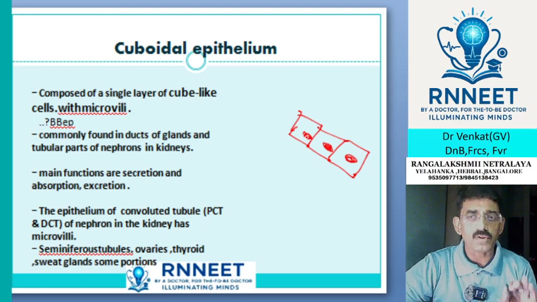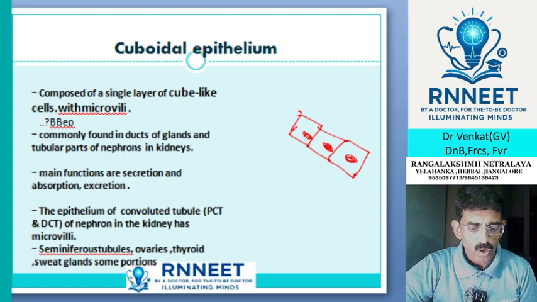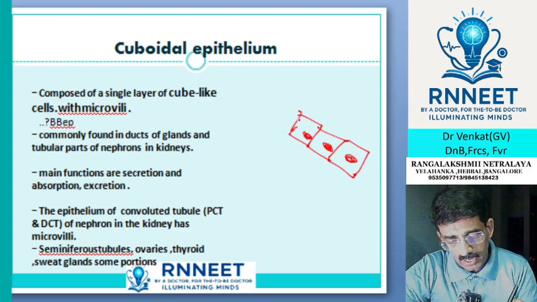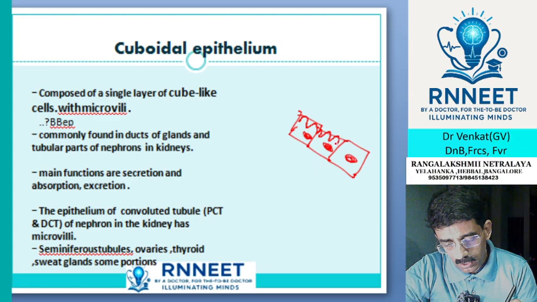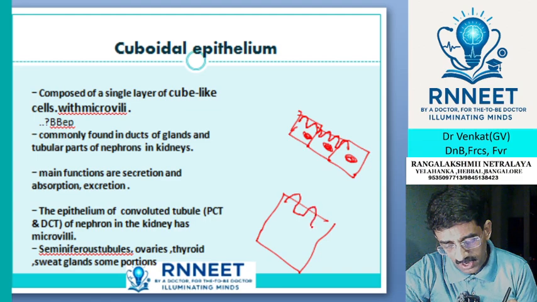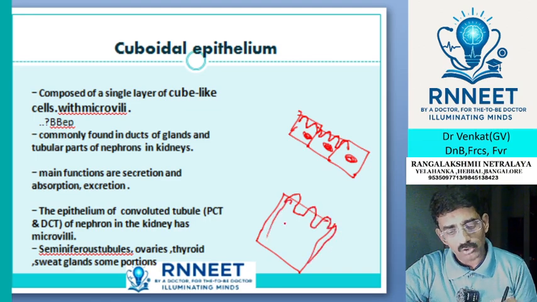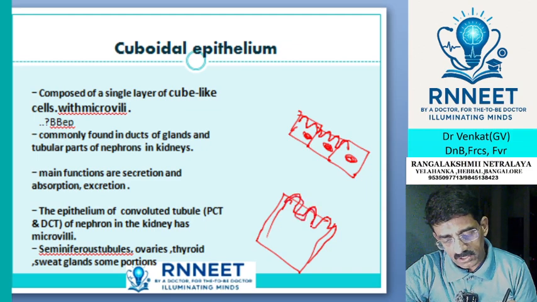Now the beautiful thing about these cells is, they are single, cube-like. But what happens to these cells? On their apex, the cells are a little folded like that. You people can see that. So if I take one particular cell, the top of that cell is not straight, it is folded like that. This is called the apical surface, that means on the top.